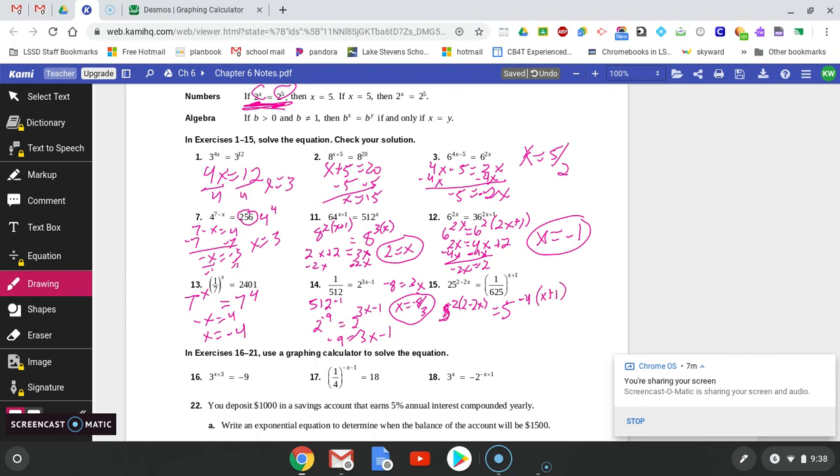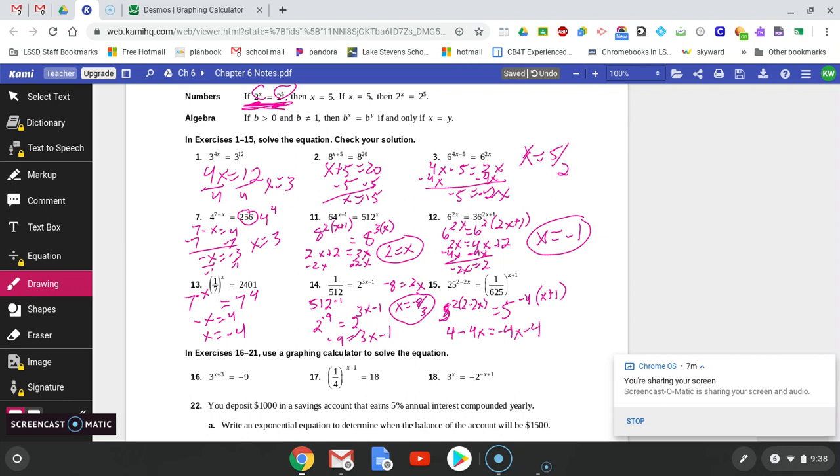So I got rid of my fraction, and I got them so they have the same base, and now I'll set my exponents equal to each other. So I'll use the distributive property. So 2 times 2 is 4, minus, and then 2 times 2x is 4x. And then that's equal to, my exponents on the other side, distributive property, would be a -4x minus 4.